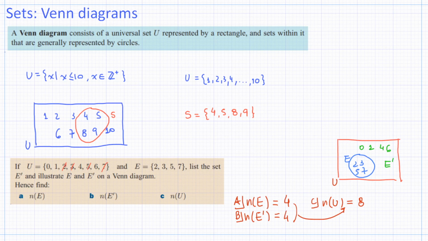Now in this case, I know it's obvious, but it's worth noticing that my set E should be a subset of my universal set, right? And the complement of E as well. If I had another set, let's say set A, which is just, let's say, 3 and 5, then A would be a subset of E, right?